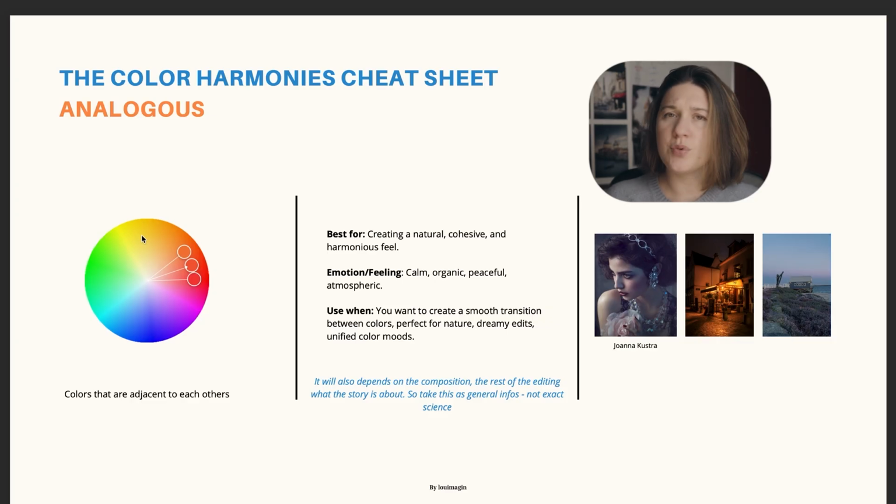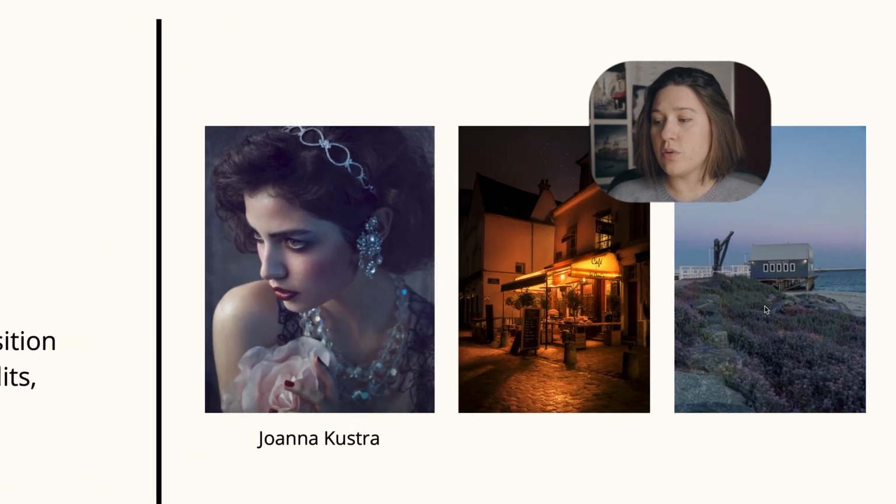It's also something I would use if I wanted to convey something nostalgic, because colors are adjacent to each other. There is no tension in the image thanks to the colors. Here you can see two of my images using an analogous color scheme.